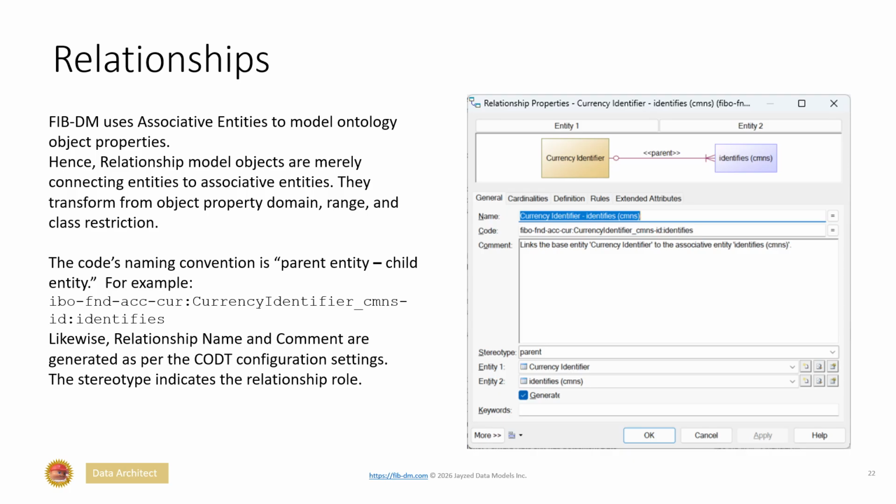For example, here we have the FIBO foundation accounts currency identifier, and identifies is the CMS identifies associative entity. And likewise, the relationship name and comment are generated per the code configuration settings. And the stereotype indicates the relationship role.